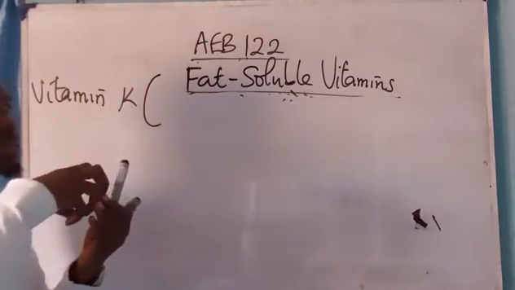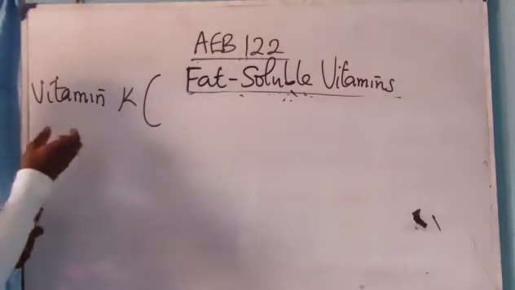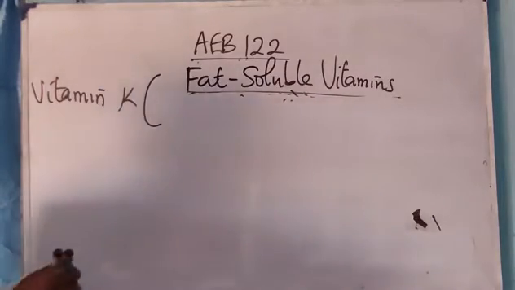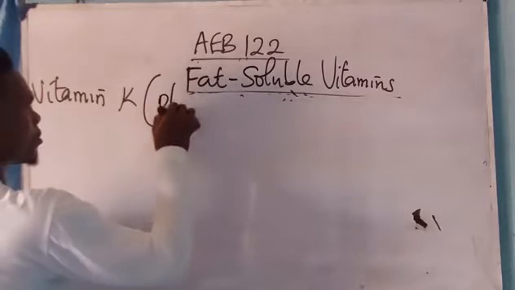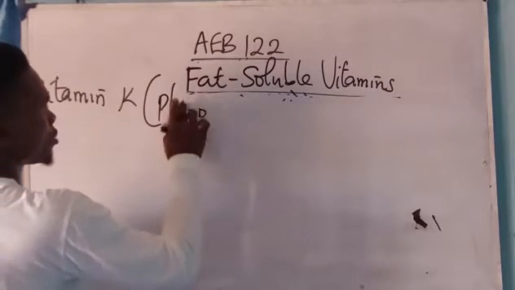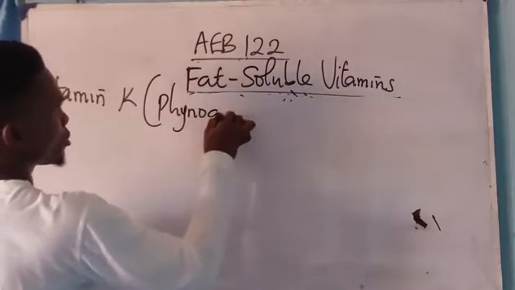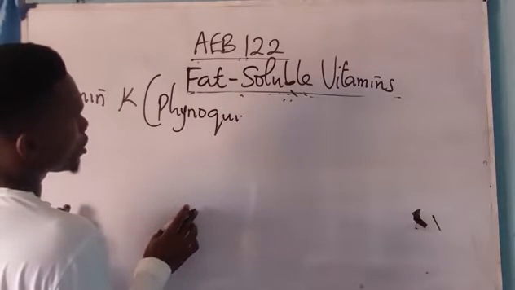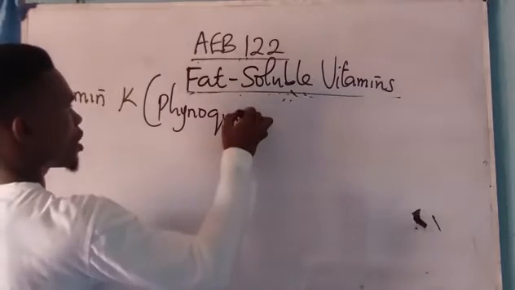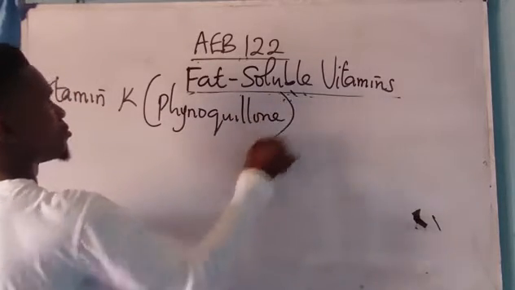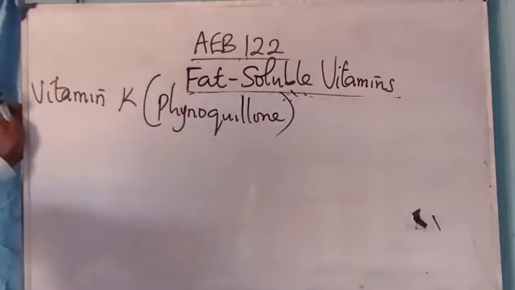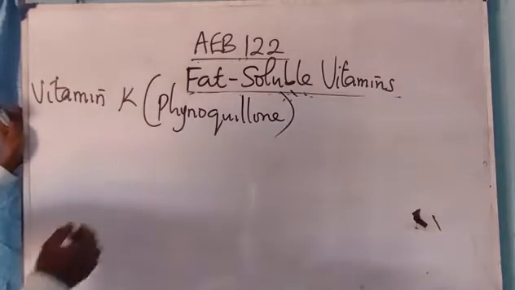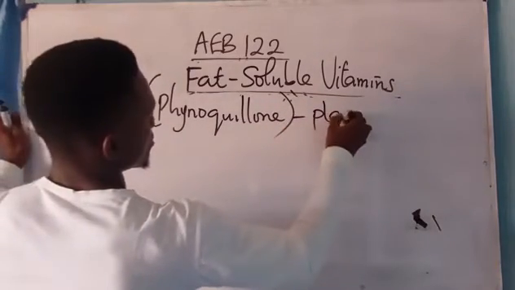Okay, the vitamin K synthesized by plants is called what? Phenoquinone. That is the one synthesized by what? Plants.